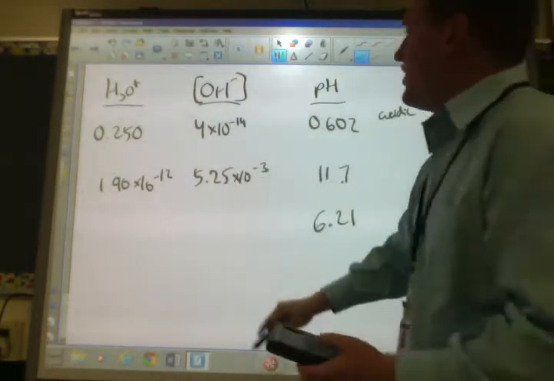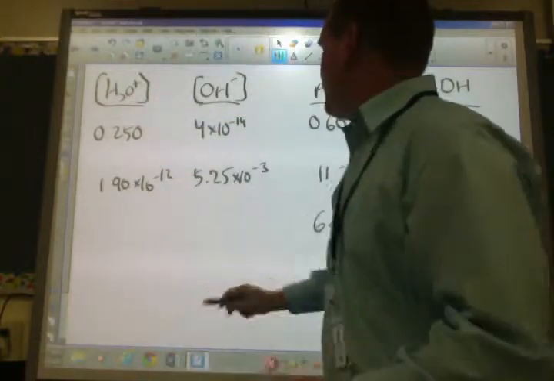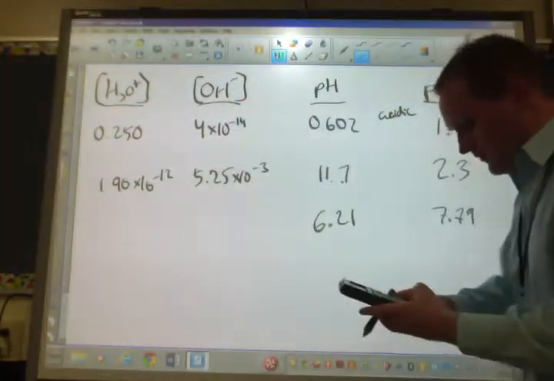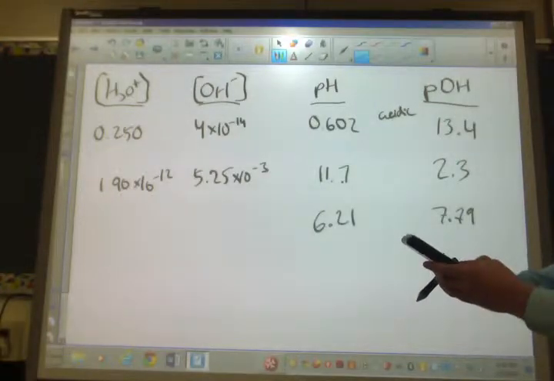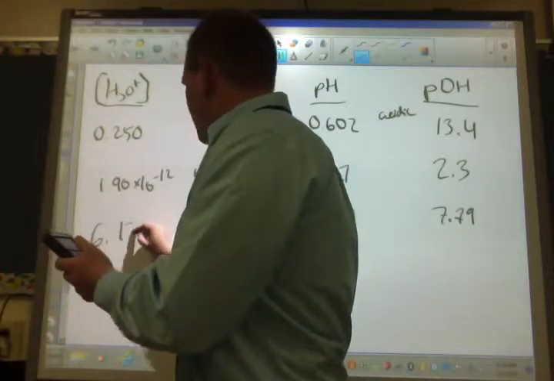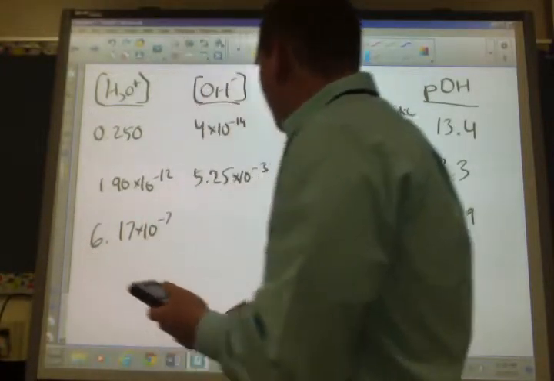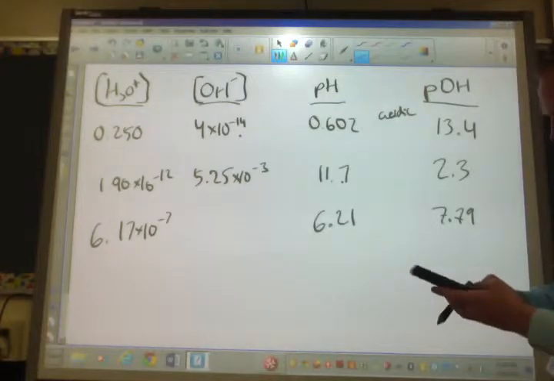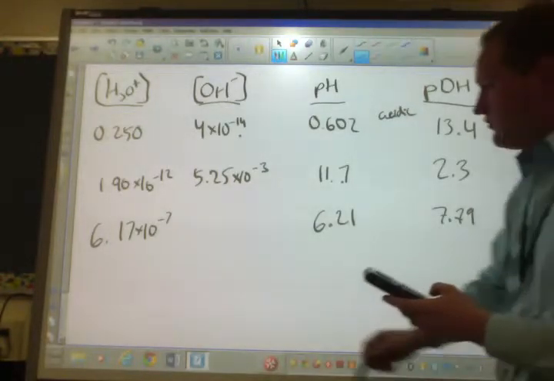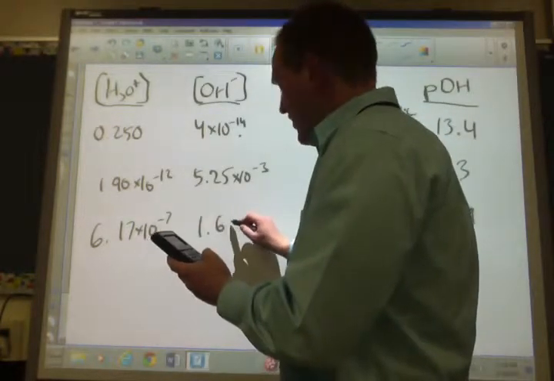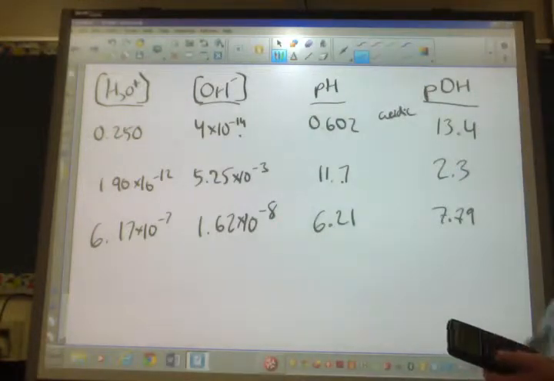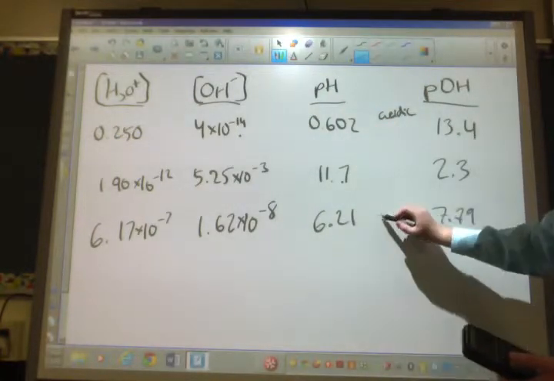For these, my formula now is going to be 10 to the negative pH gives me this, 10 to the negative pOH gives me this. 10 to the negative 6.21 gives me 6.17 times 10 to the negative 7th. For this, 10 to the negative 7.79 gives me 1.62 times 10 to the negative 8th. And is this acidic or basic? pH is less than 7, acidic.